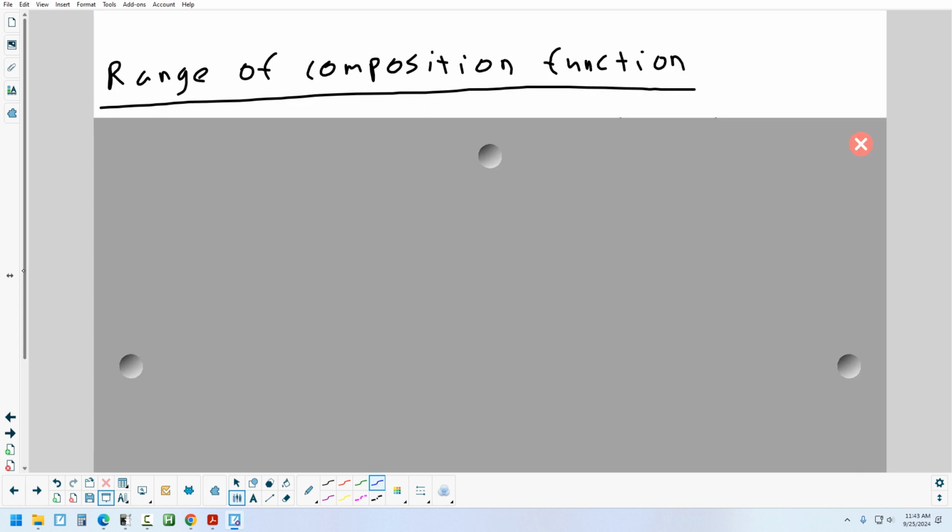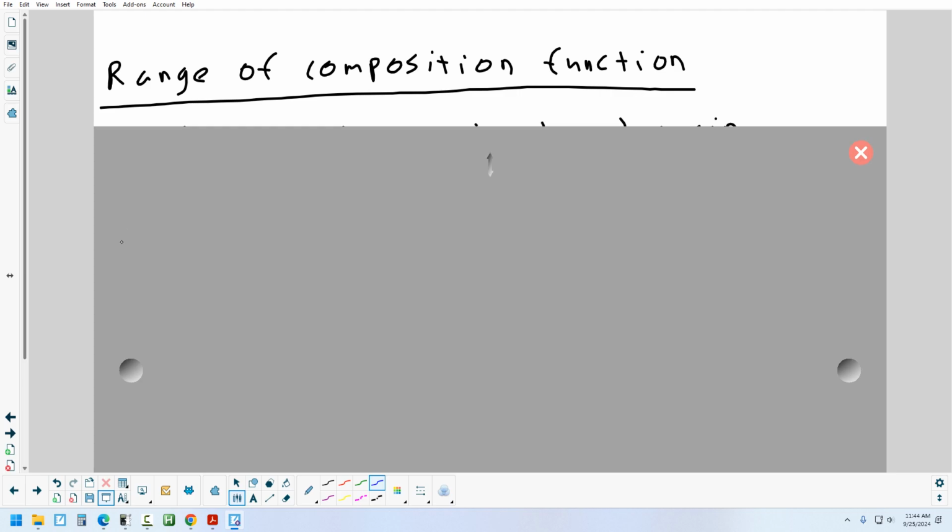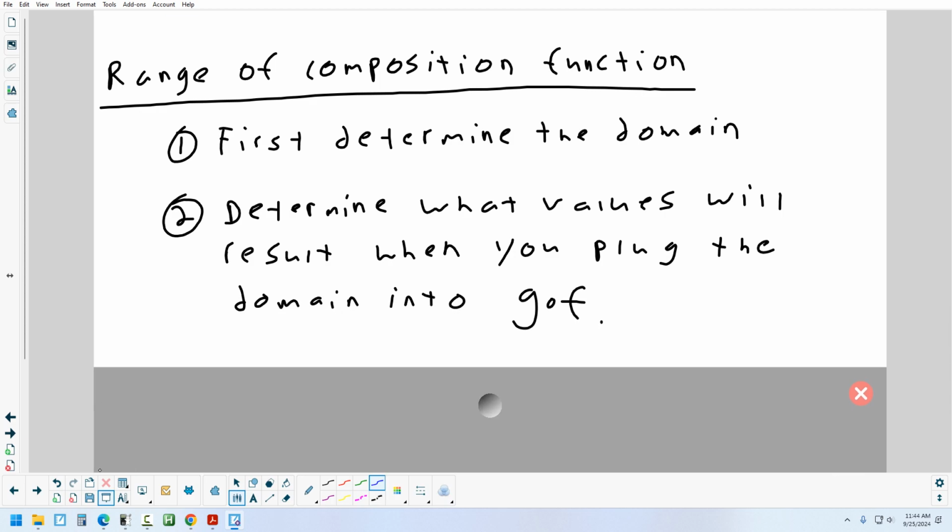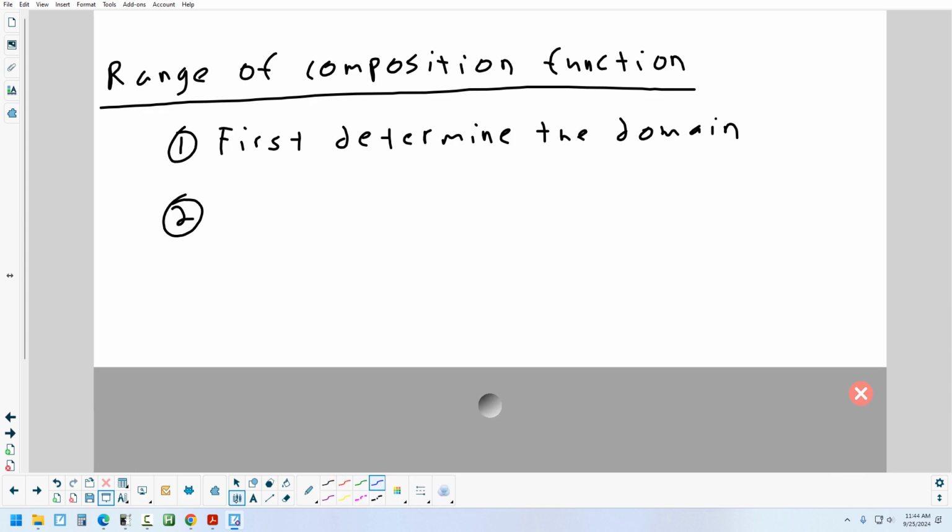So we're going to try another one where we do domain. We're going to add range into it. Range isn't that much harder, because all we do with range is graph it on the calculator and use that to give us the answer. So step 1, you still need to figure out the domain, because that's going to tell you your window on this calculator.